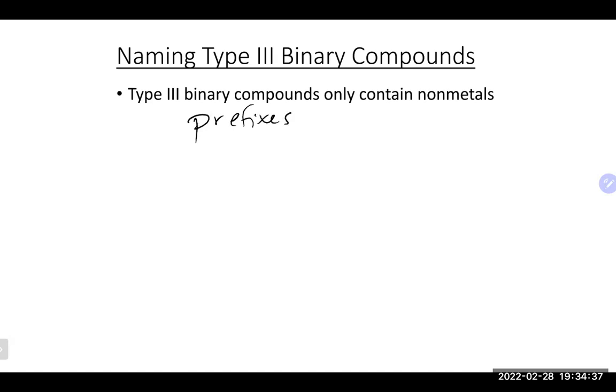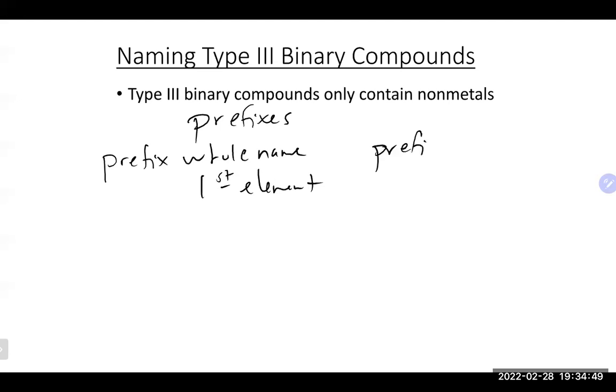Basically, as we will see, we use the appropriate prefix and the whole name of the first element. Then we use the appropriate prefix and the nonmetal that comes second with the -ide. So this is absolutely where you should use prefixes.